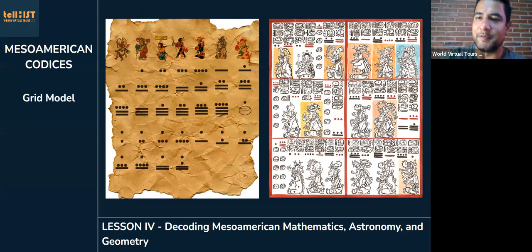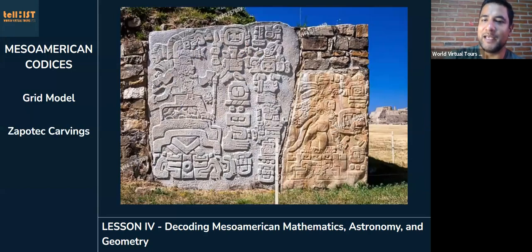So they developed grids. Developing the grids, they could make more complex calculations, but they also could make more complex numerical expressions like dates.